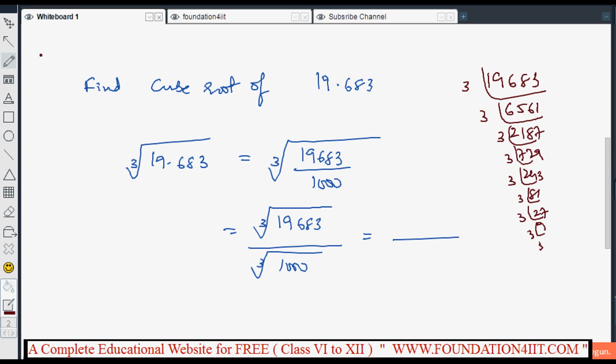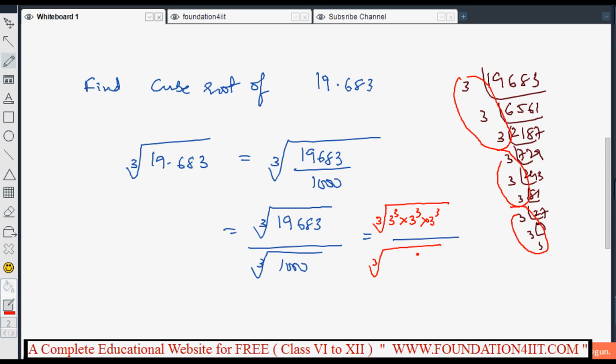So if you observe this, total 3 one set and there is one more set of 3. So total 3 sets, that we can write as cube root of 3 power 3 into 3 power 3 into 3 power 3.